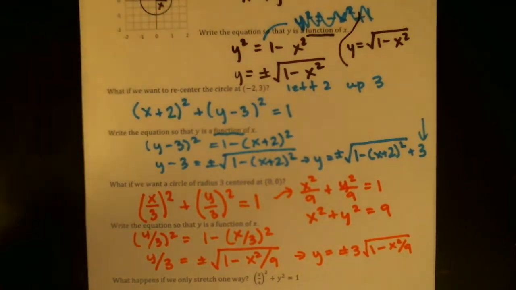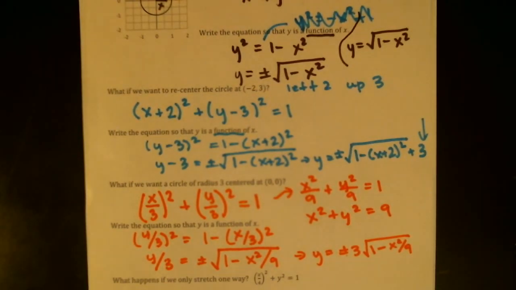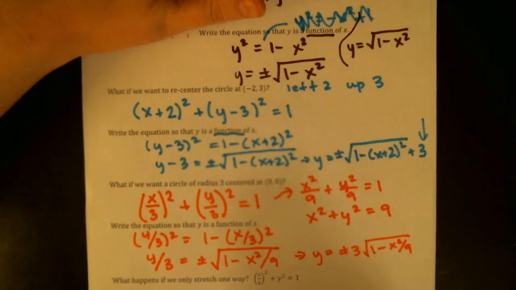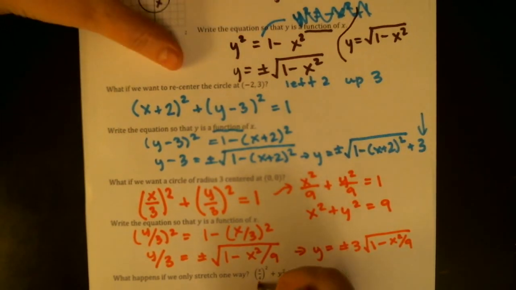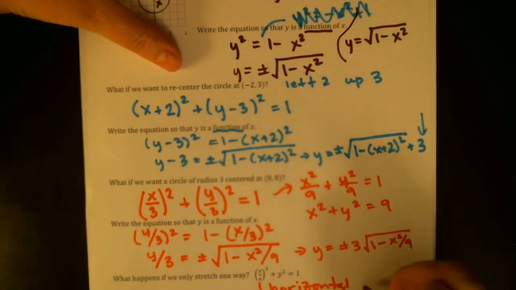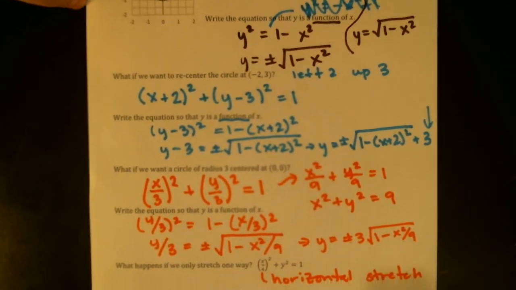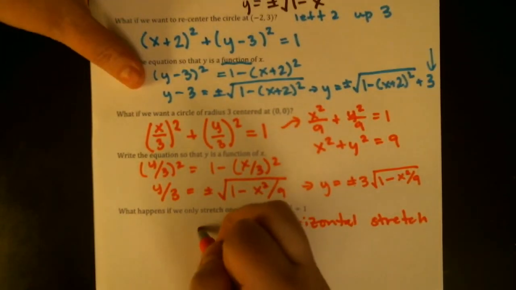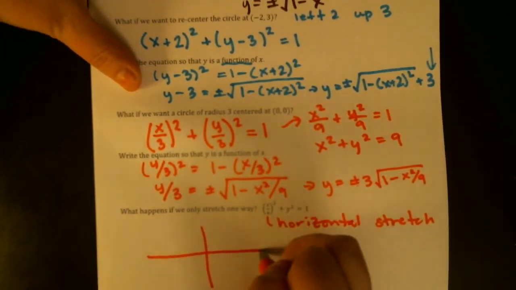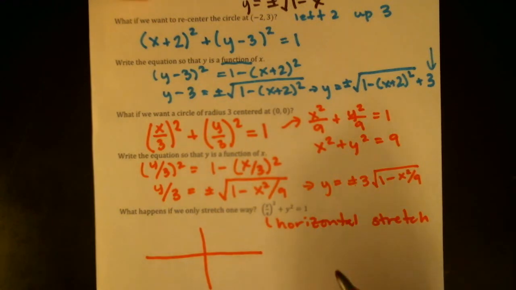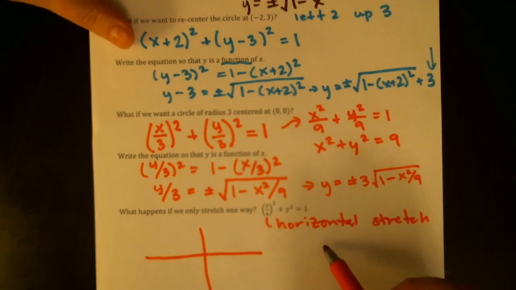Okay, so what happens if we only stretch one direction? So this one, I see a horizontal stretch by a factor of 4. So this thing is our basic circle centered at the origin, but now it's stretched horizontally by a factor of 4.